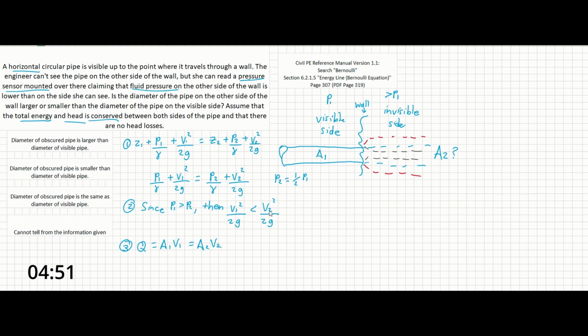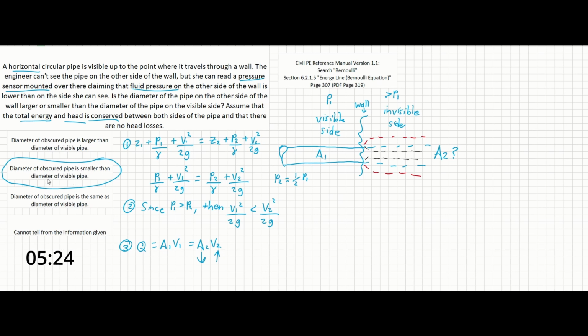So if we know that V2 is going to be greater than V1, ostensibly A2 has to be less than A1 if we're going to have the same constant flow rate through the entire pipe. So therefore, the answer to this problem would be that the diameter of the obscured pipe is going to be smaller than the diameter of the visible pipe. Since A2 is going to be less than A1, the diameter on the other side is going to be less than the diameter on the visible side.